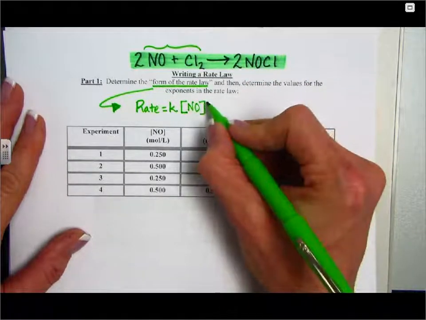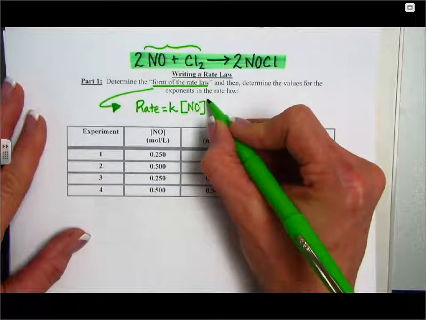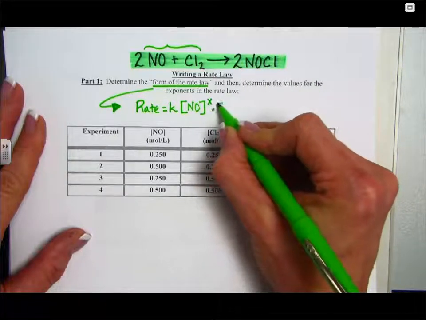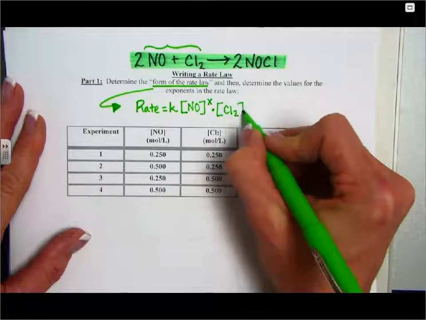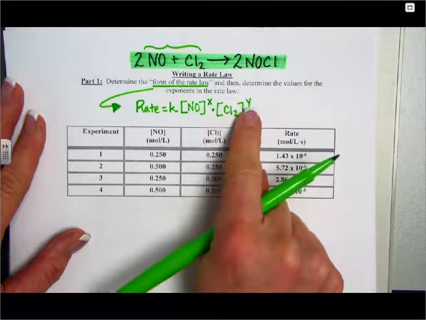So we're going to define right now the exponents in terms of x, y, and z. In this case, x and y. So to the x power times concentration of the second reactant, Cl2, to the y power. So here we have 2 orders we're going to be solving for.